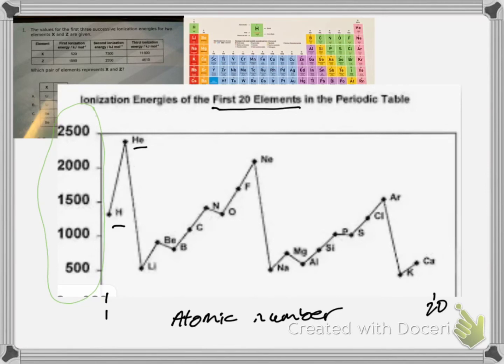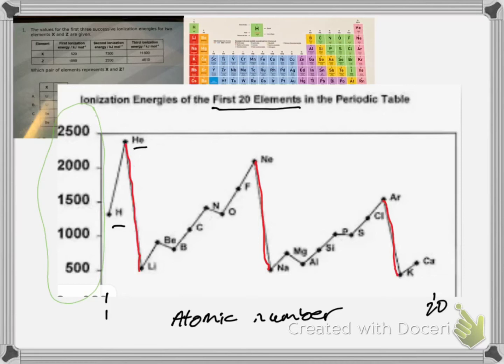What we can deduce from this graph is that there are three major decreases: from helium to lithium, from neon to sodium, and from argon to potassium.